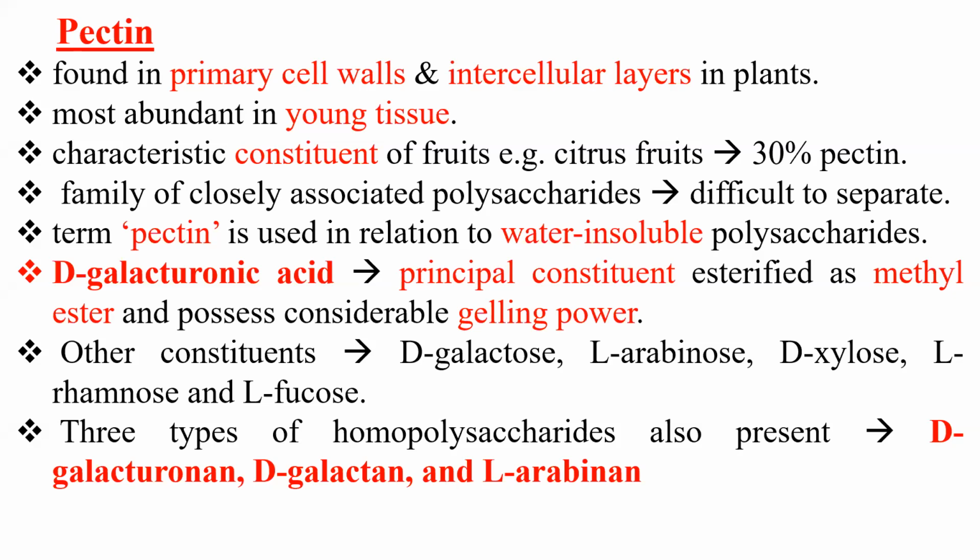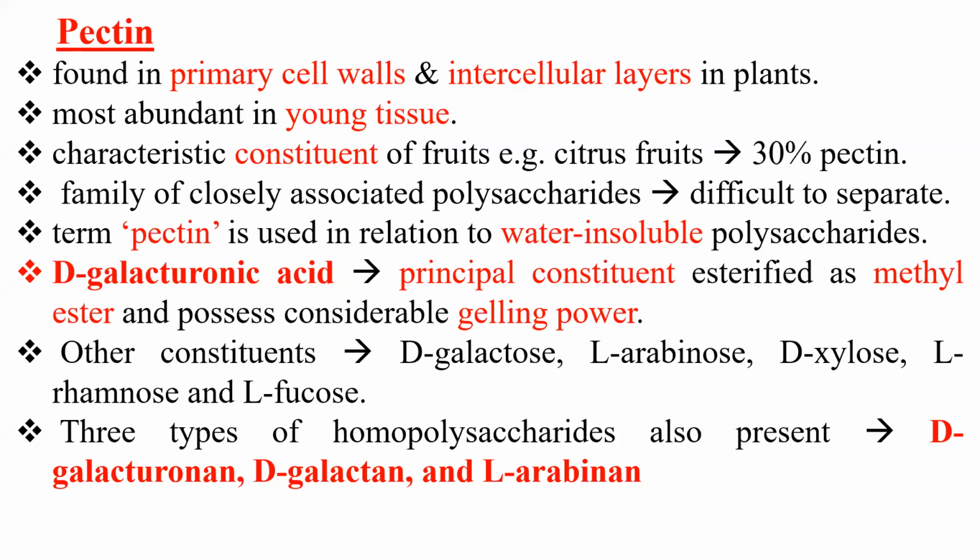Pectin is a family of closely associated polysaccharides which are difficult to separate. The term pectin is used in relation to water-insoluble polysaccharides. D-galacturonic acid, its principal constituent, is esterified as methyl ester and possesses considerable gelling power.